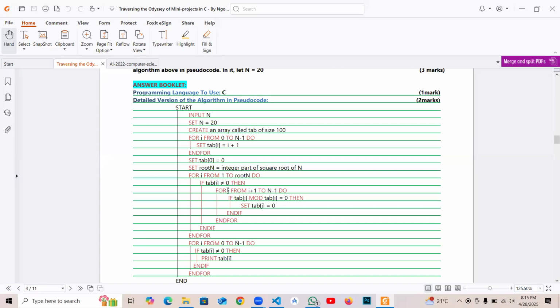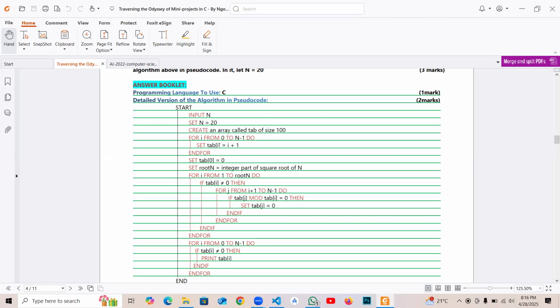Where we say set tab I equals to I plus 1, I'm understanding that, please. Okay. Here, I'm saying that you should assign; set means to assign. It means that we should assign tab. Tab is the name of the array, at that position, which is 0, because arrays in C programming start from 0.